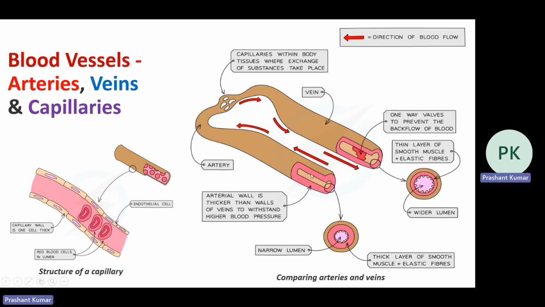Arteries can't go there because they are thick. Take an example of how the water pipeline is distributed in a city. There's a main pipe, and later the pipelines are distributed to different areas, and from the areas it goes to the different homes, right? All the houses have a thin pipeline, not a thick one, because the connection is going to a home, so we need a thin pipeline.